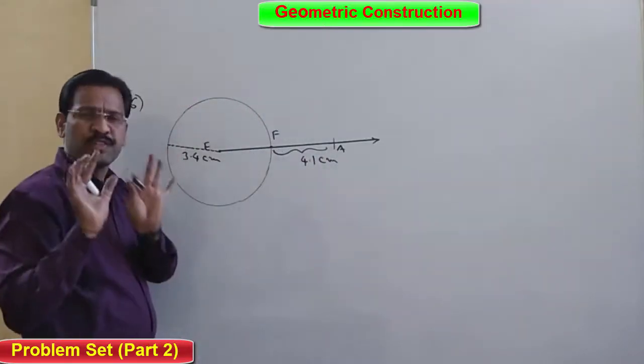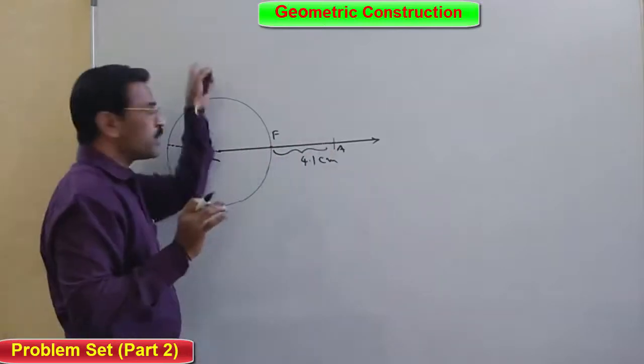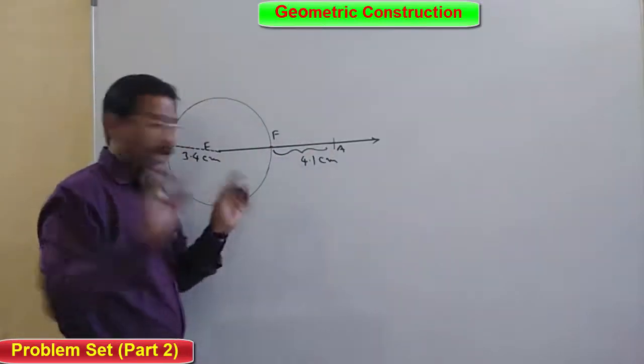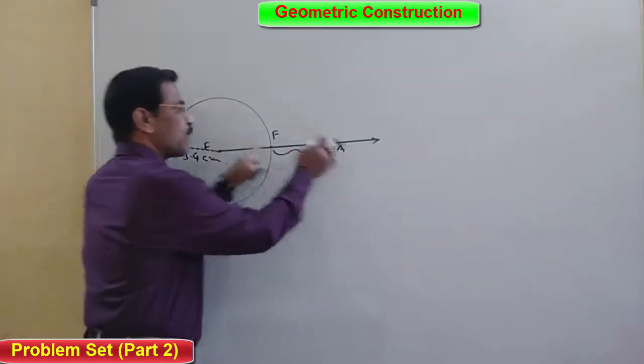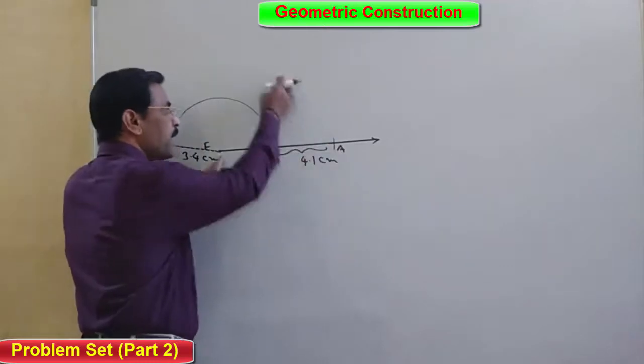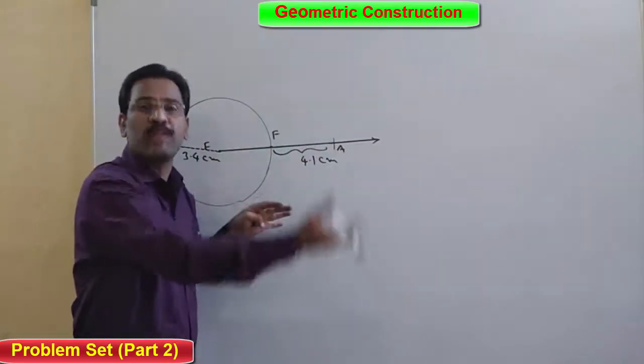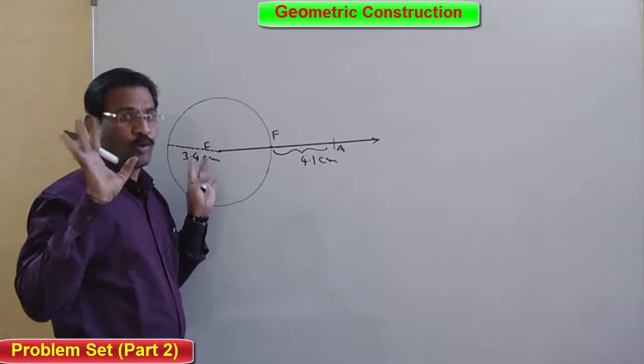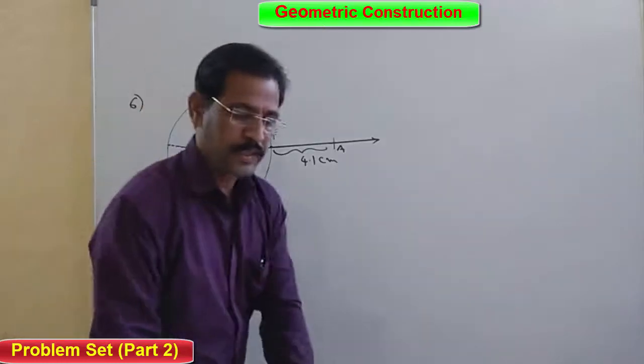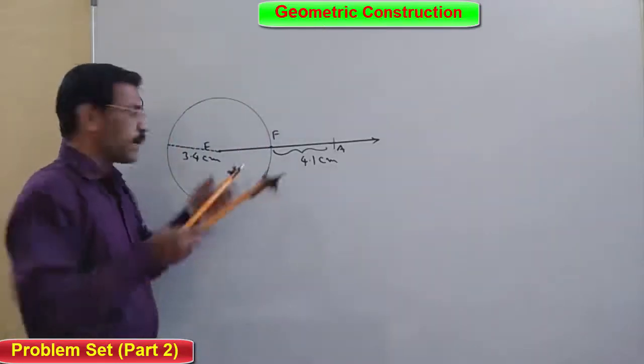Now just try to concentrate here. We are going to draw the tangents from A. Here this is 3.4, this is 4.1, so its perpendicular bisector will come in the exterior of the circle. Let's draw the perpendicular bisector.